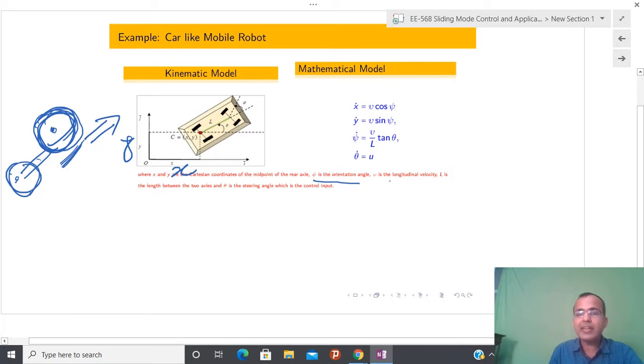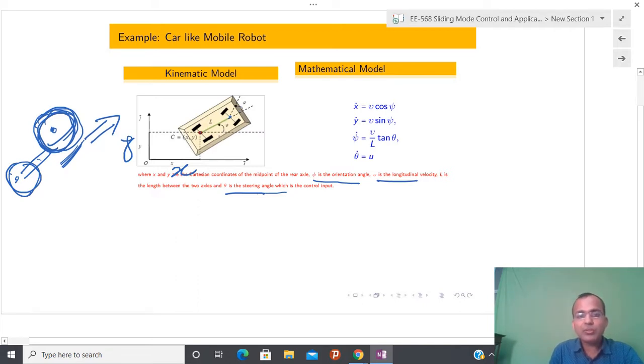I am assuming that this car is moving with constant velocity, and this length from rear wheel to front wheel is L. And theta is the steering angle, meaning I can steer the front wheel by theta.